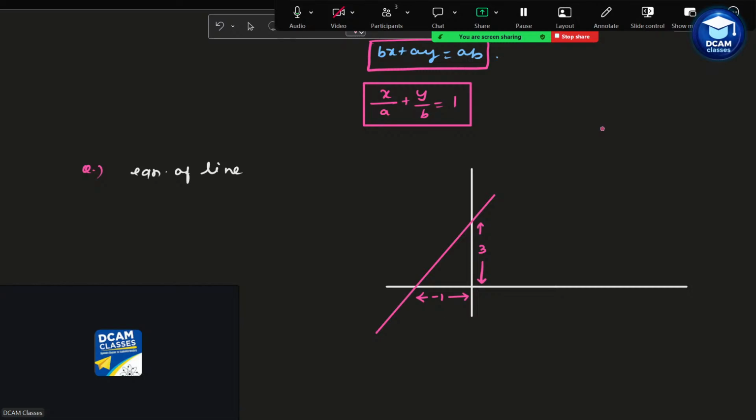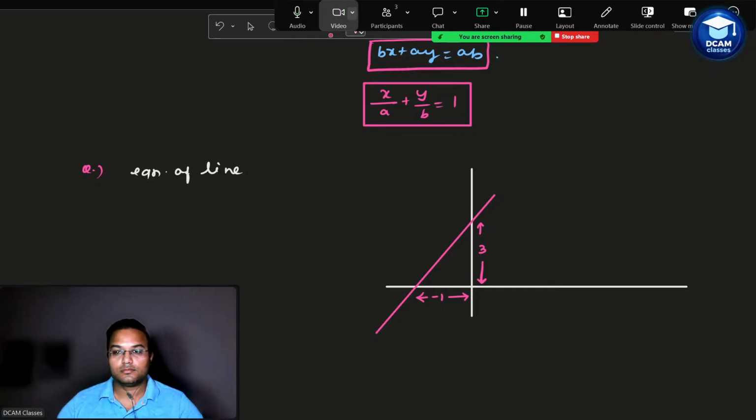No problem. Just give me the answer. Right now the equation which I got is 3x minus y equal to minus 3.